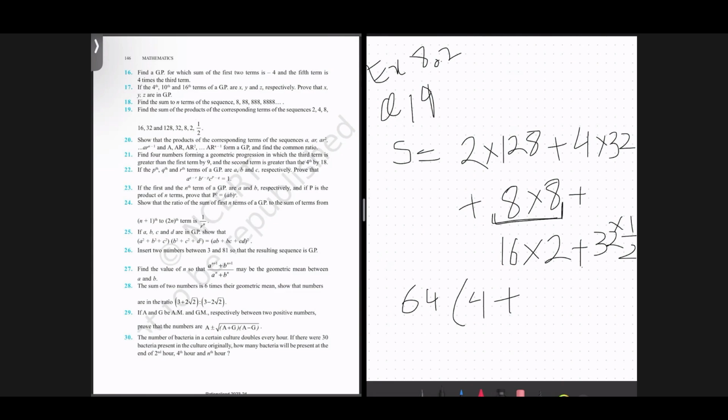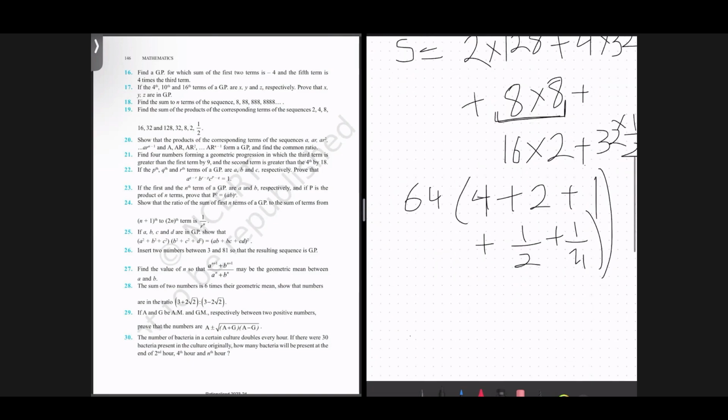When you take out 64 common from that, what you're left with is 2. When you take out 64 common from 64, what you're left with is 1. Plus when you take out 64 common from 32, you're left with half. Plus when you take out 64 common from 16, what you're left with is 1 upon 4. Right? So this is what is left in the bracket.